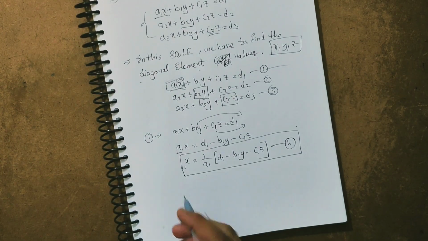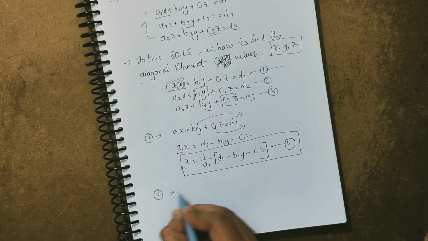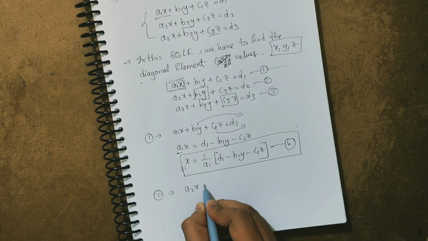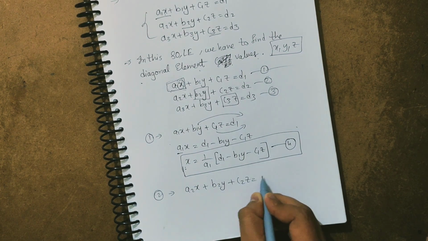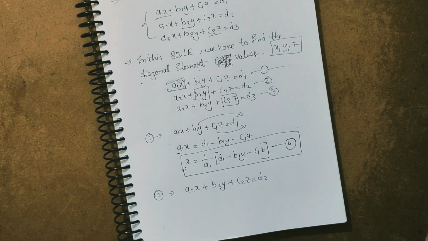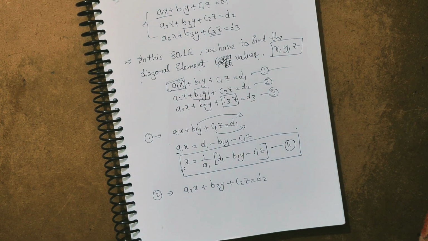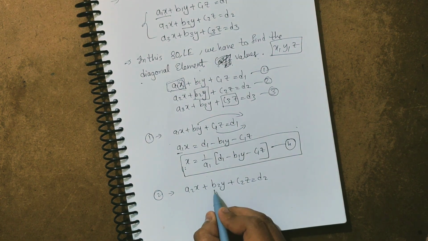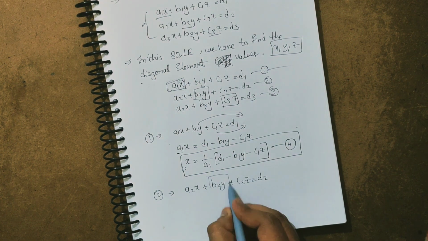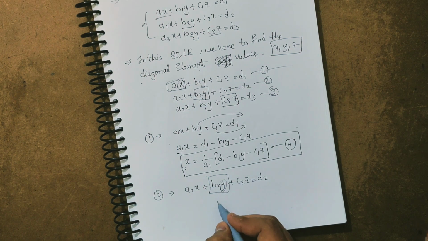Like way, we have to take second equation, a2x plus b2y plus c2z equal to d2. Okay, so what we need to find in this b2y, we have to find in this also, we have to find y value, right?